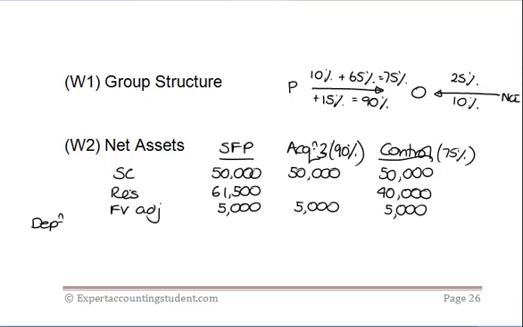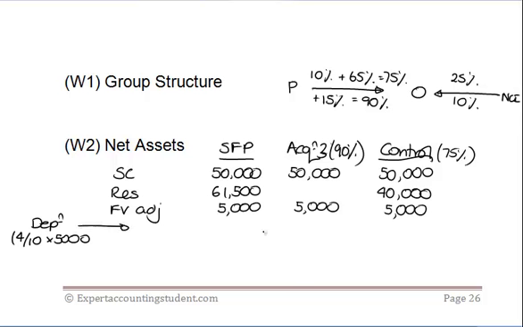When did we acquire control of AL? This was on the 1st of January X4. We are now at the 31st of December X7. Use your fingers. X4, X5, X6, X7. It's 4 years worth of depreciation. So that's going to be 4/10 of 5 million.